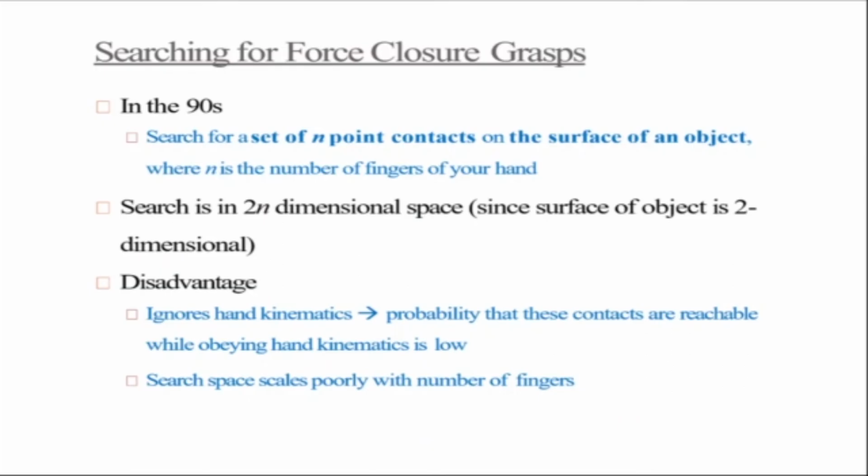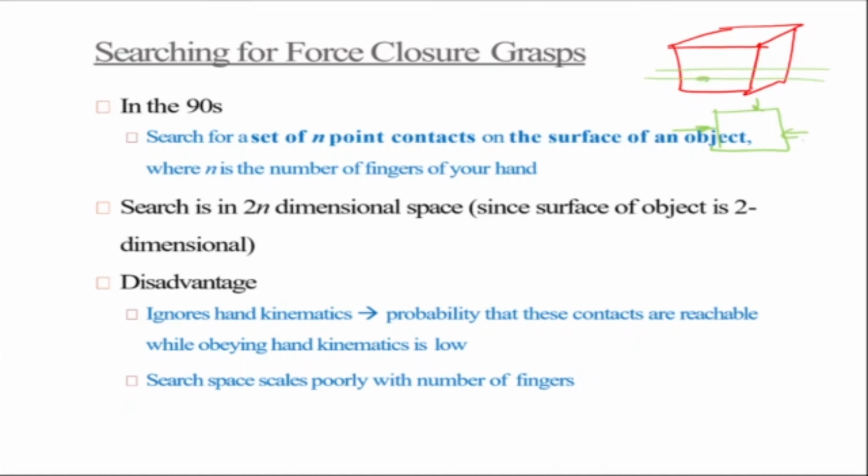Now, it's very interesting to note that there has been a lot of research in terms of how you would grasp an object. That is basically called searching for force closure grasps. One way is, if you look at a regular object, this is a regular object, a cube, I can slice this in terms of 2D objects. So if I slice it, it will become like this. Then I grasp it by holding it here, here, and here.